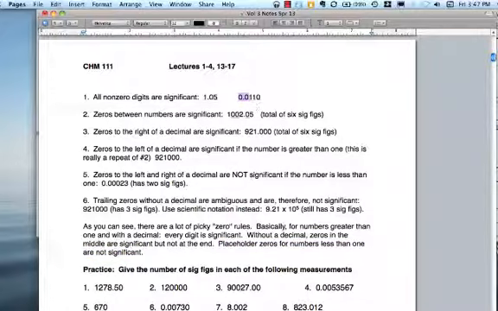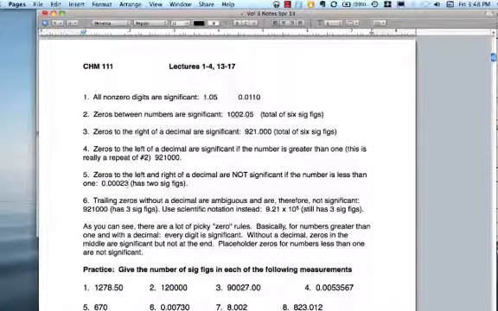It's only the ones that come in front when numbers are less than 1 that you don't count. So this number here has 3 significant figures. Okay? There's another number here. These zeros right here are not significant. That's why this number only has 2 significant figures.